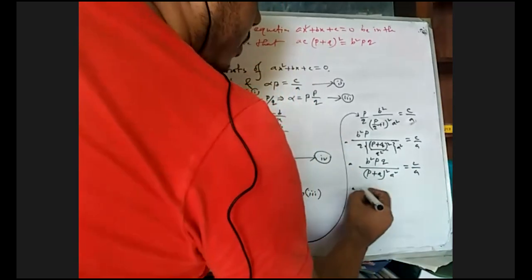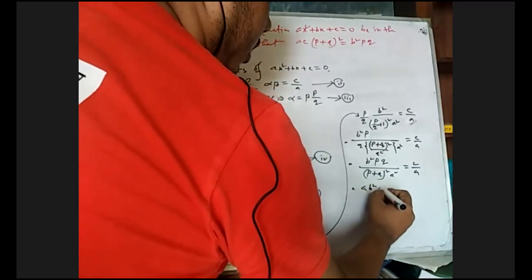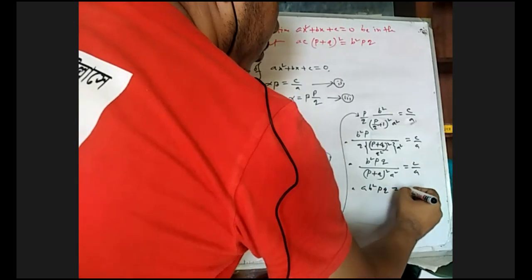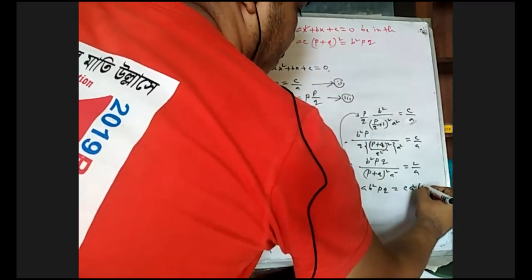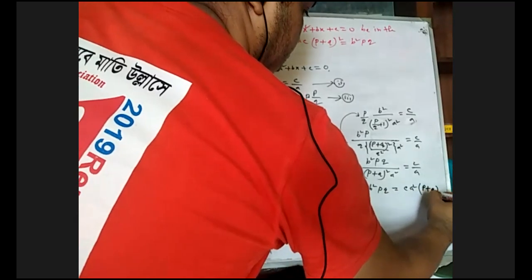Now by cross multiplication, a b square p q equals to c into a square p plus q whole square.